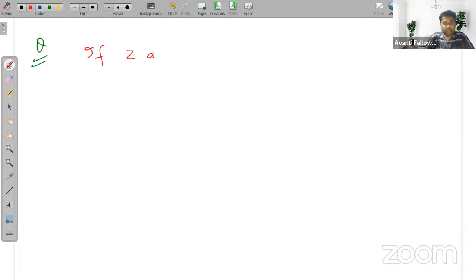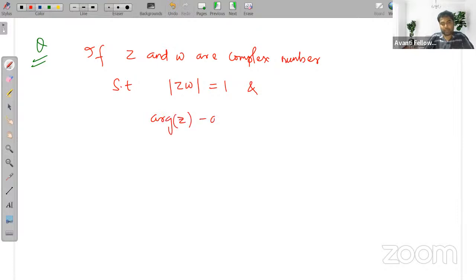If Z and omega are two complex numbers, and it is given that mod of Z omega is equal to 1, and argument of Z minus argument of omega is equal to pi by 2, then which of the following is correct? It came in the 2019 JEE Main.